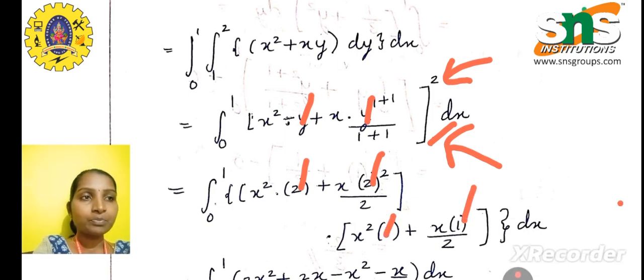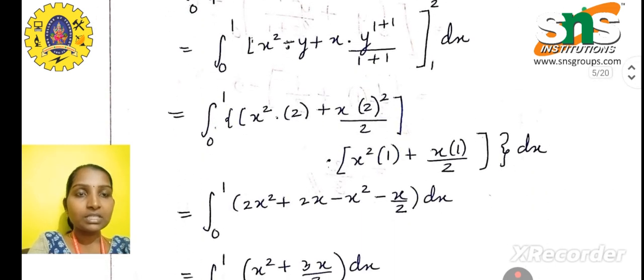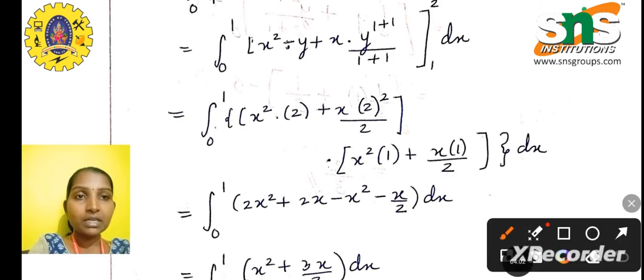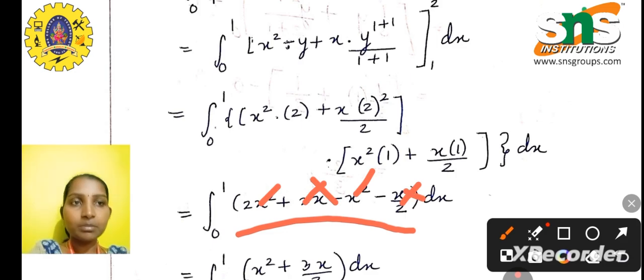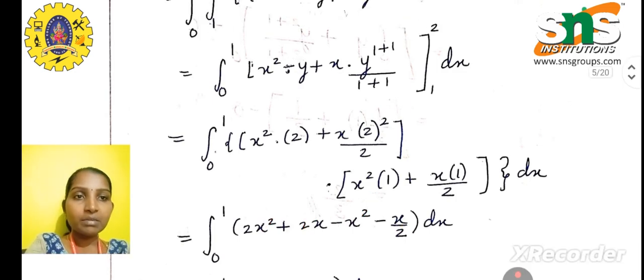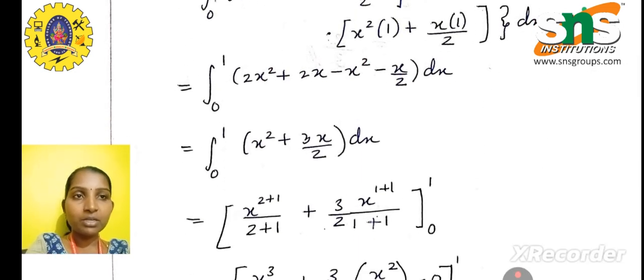Later we get the simplified term only with the variable x, because we have eliminated y. So what will be our x expression here? 2x squared plus 2x minus x squared minus x by 2. We combine these like terms, and we will have x squared plus 3x by 2 into dx.